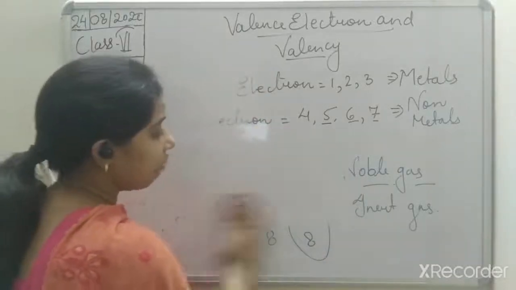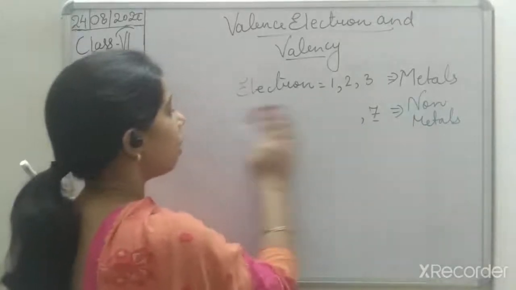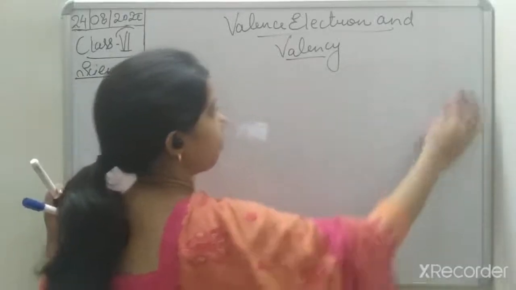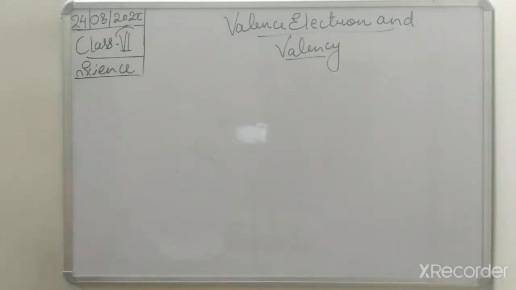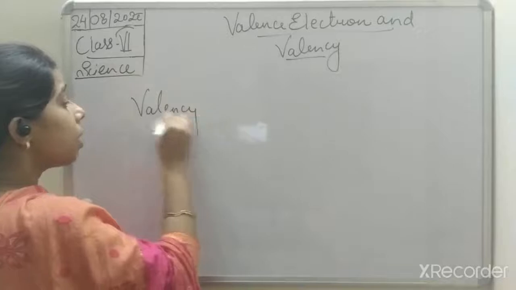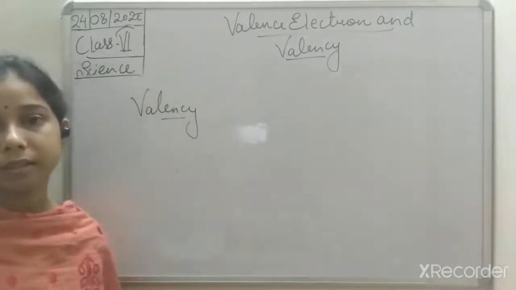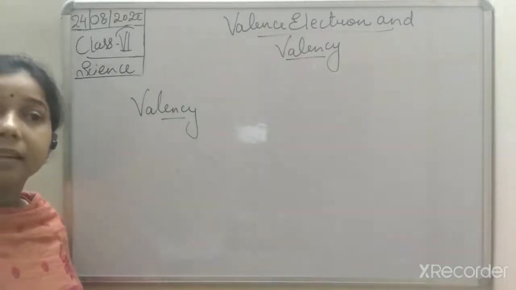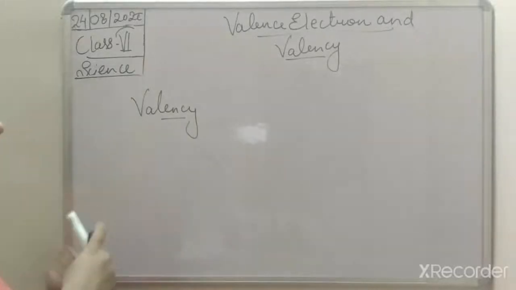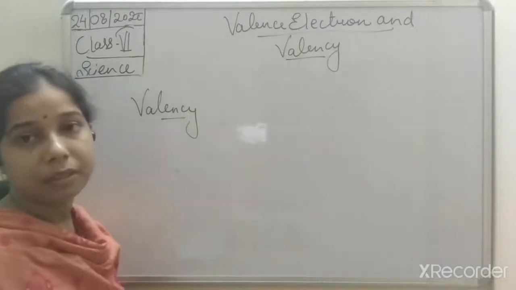Now, with the help of this, students, we will try to understand another concept, and that is valency. Till now we had discussed valence electrons. Now we will see valency. What is valency, students? When we were studying atoms and molecules, there also we discussed that valency is the combining capacity of atoms. That combining capacity can be with the same atom or with a different atom.